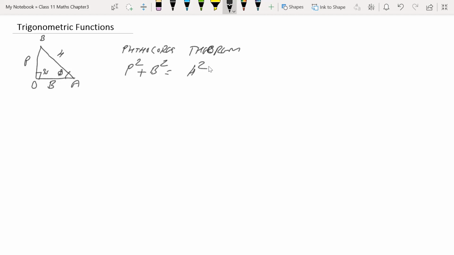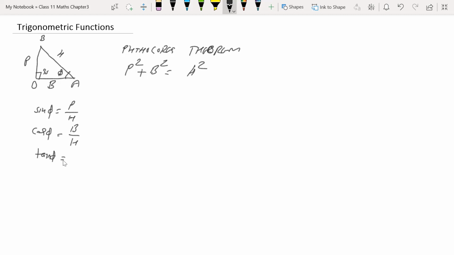Based on this right angle triangle, let's summarize the trigonometric ratios. Sin theta is P upon H, perpendicular upon hypotenuse. Cos theta is base upon hypotenuse.